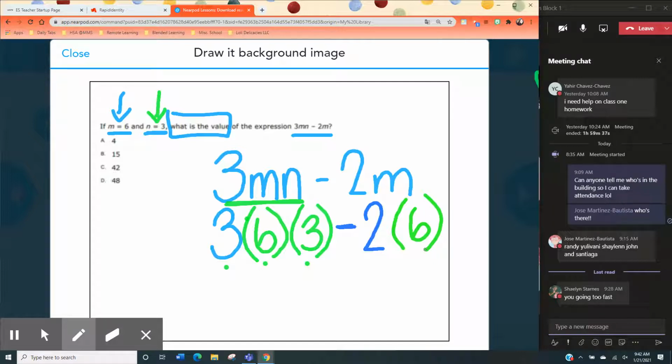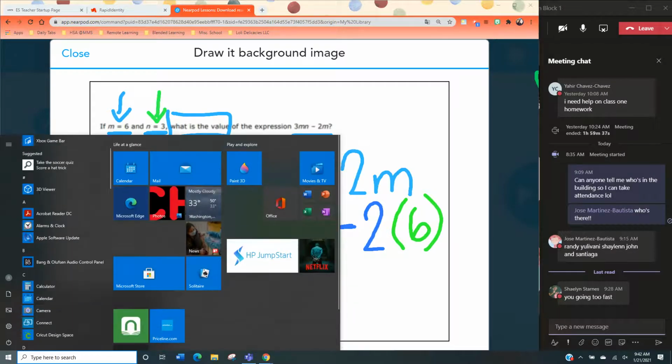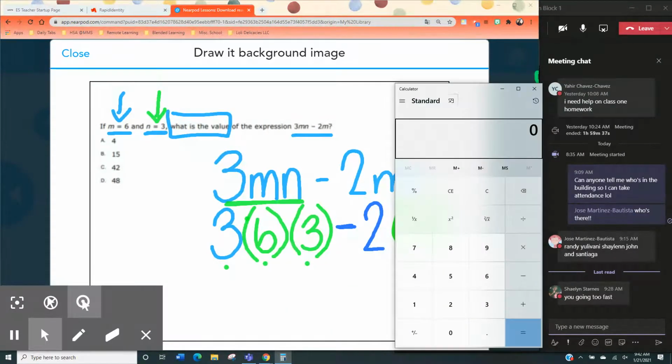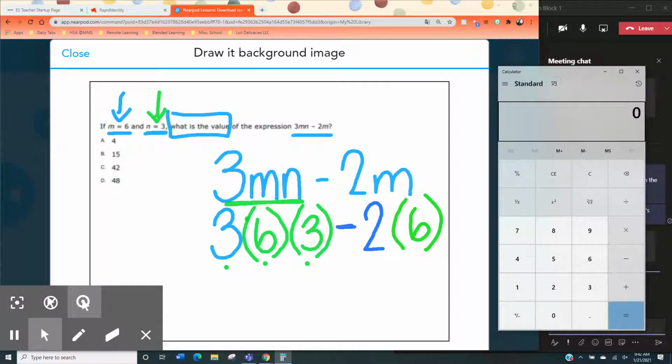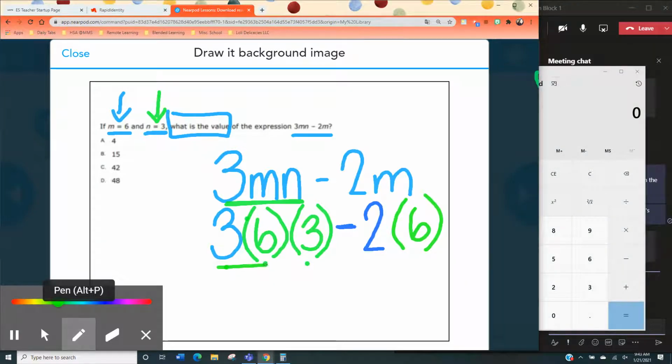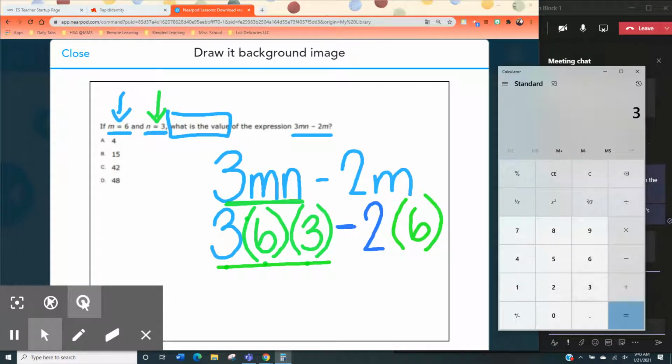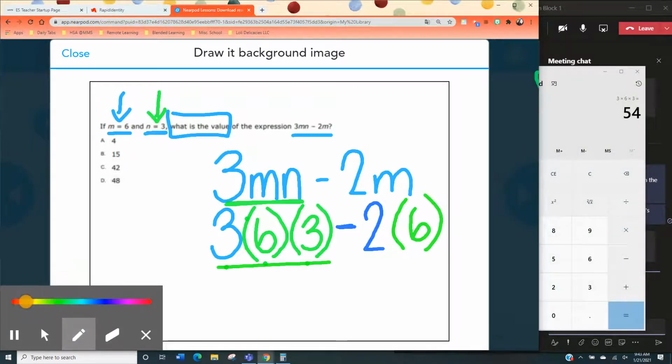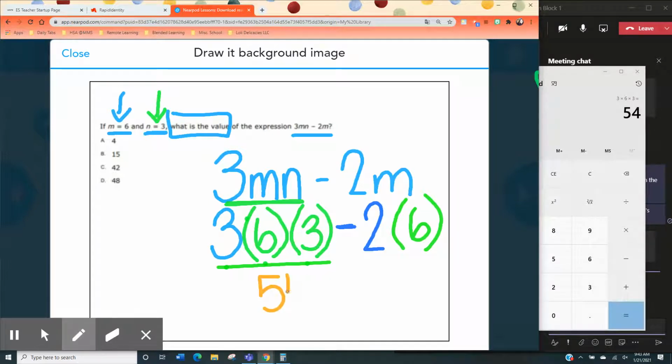Now I can slowly work it out. I'm going to pull up my calculator because I'm allowed to use it, and I want to make sure my answer is right. I'm going to plug in our first piece: 3 times 6 times 3 equals 54.